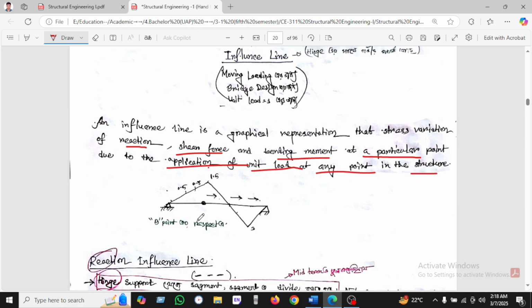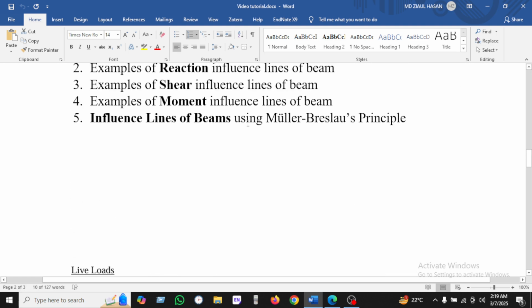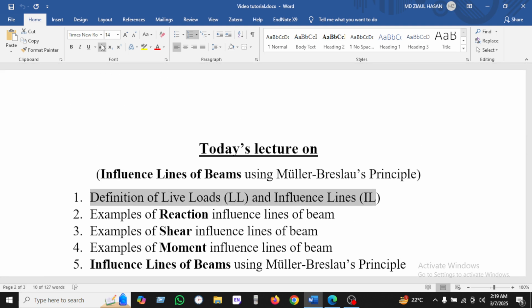So you can see here the point B. The value is varying with respect to the point B. So you can see the influence is varying. Okay, so here we can see the definition.